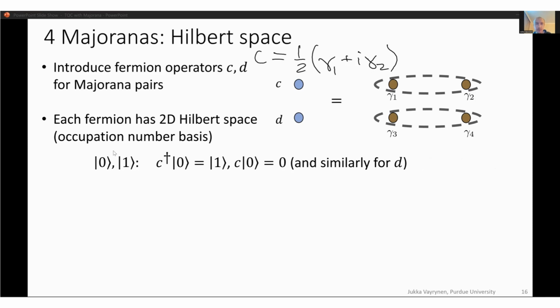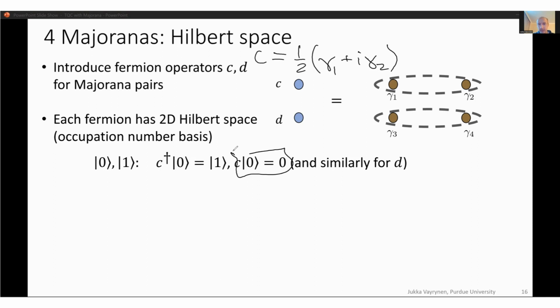for every pair we have 2 states 0 and 1, which are labeled by the occupation number of this C fermion or D fermion for the other pair. Explicitly, the states can be defined as follows.